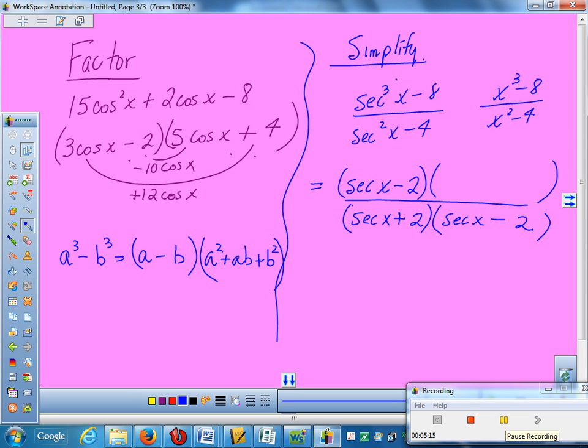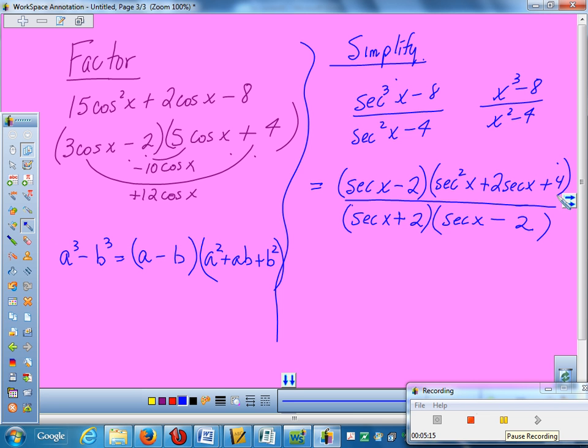You square whatever you wrote in the first spot, so it's secant squared. Then you change the sign, and you multiply whatever you wrote in those two spots, so it's 2 secant x. And then you square whatever you wrote in the last spot, which would be plus 4.